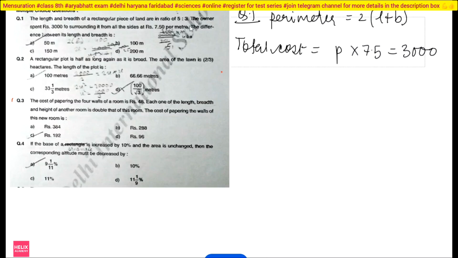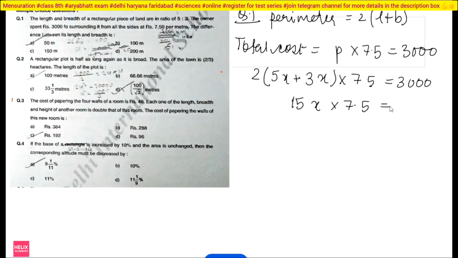Whenever we have something in ratio, I multiply by x. So I will get twice of 5x plus 3x, into 7.5, is equal to 3,000. Or I can say 15x into 7.5 is equal to 3,000.